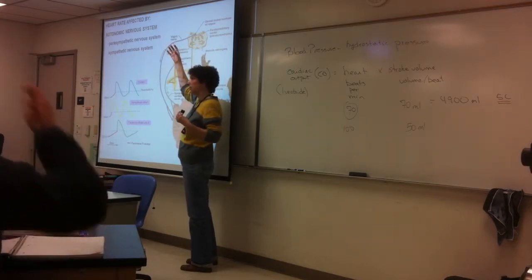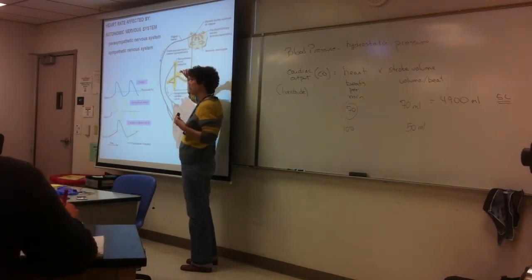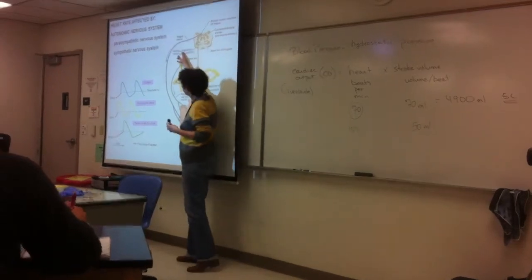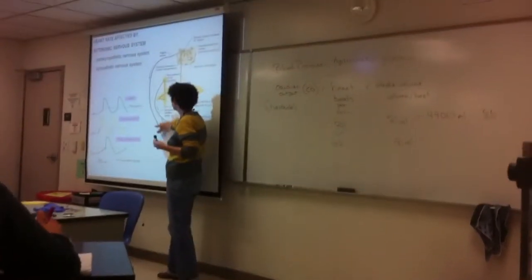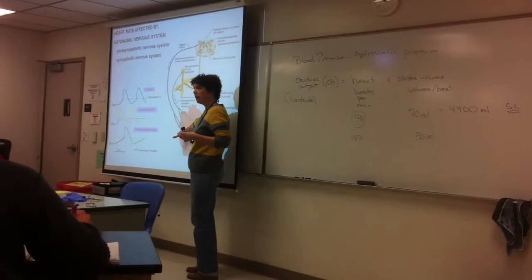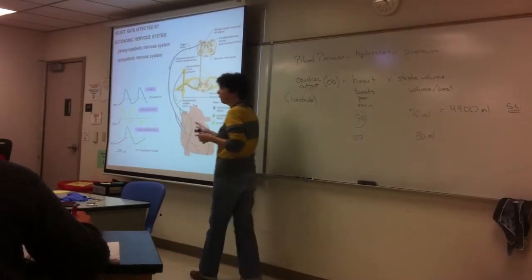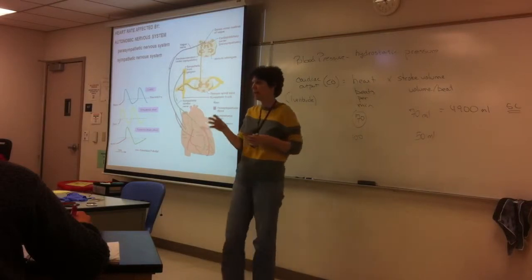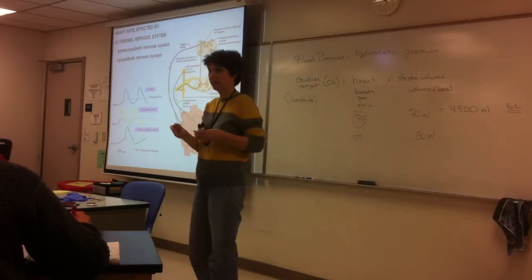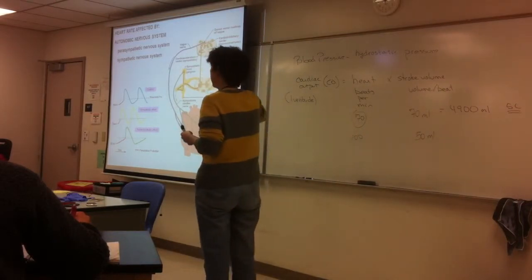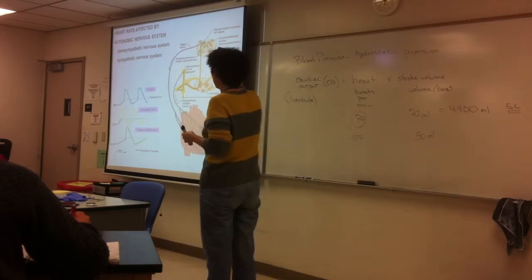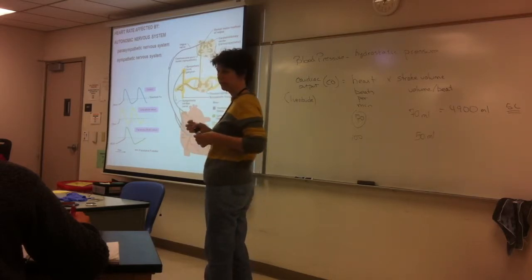Proprioceptors from your joints, as you start to stretch them before you even need more oxygen, will send signals. The vagus nerve branches primarily to the SA node and AV node and to atrial muscle, the atrial contractile cells.